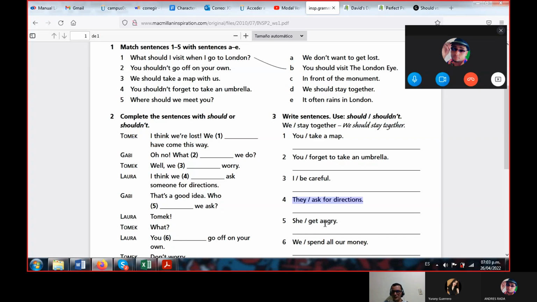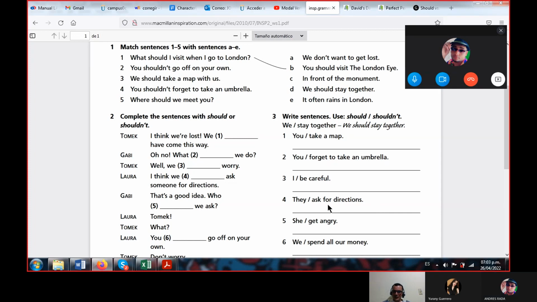They shouldn't ask for directions. No deberías preguntar por direcciones, because you may get lost. Podrías perderte. Porque aquí le dan a uno una dirección y otro a otra. Lo mejor es el Waze o el Google Maps.